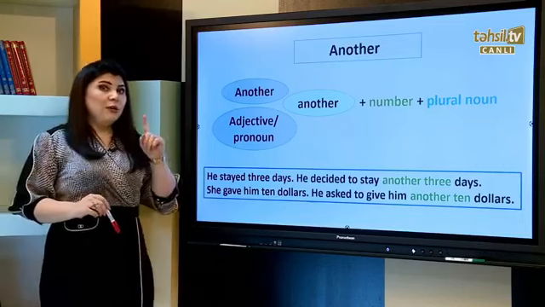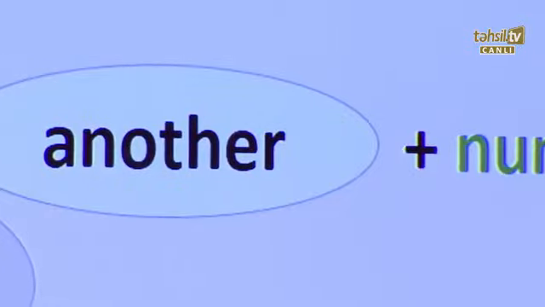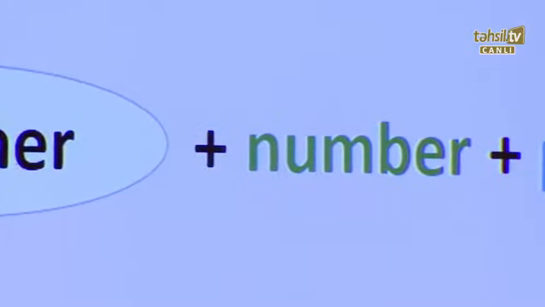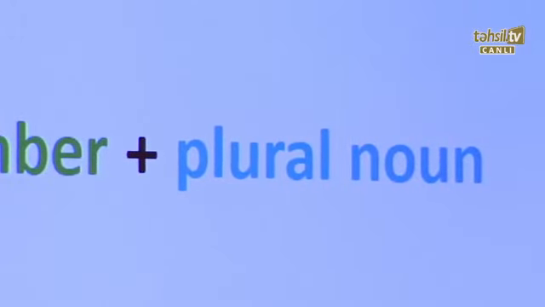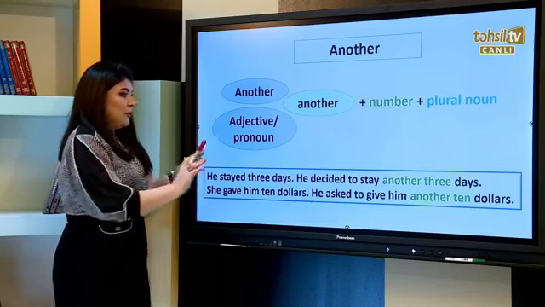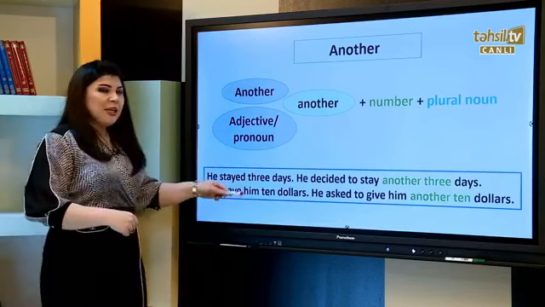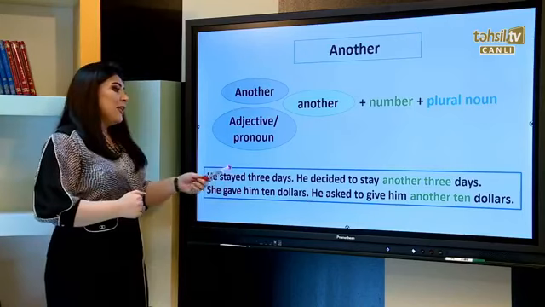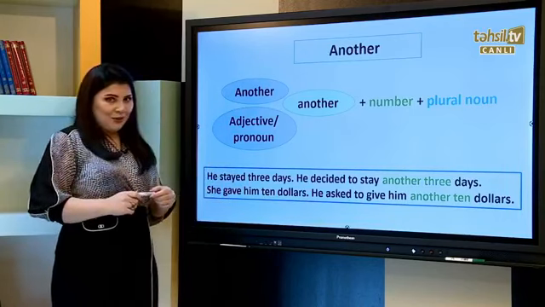Students, I would like you to remember one thing. If I say, for example, my friend stayed a couple of weeks and then I asked her to stay another 3 days, it's a wrong sentence, okay? So they should correlate. Then, or she gave him $10 and he asked her to give him another $10, okay?